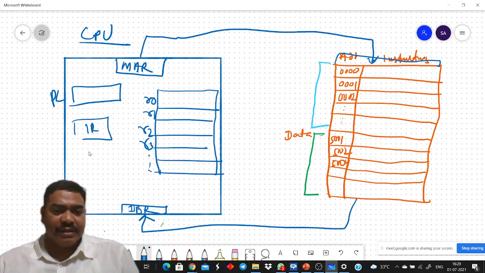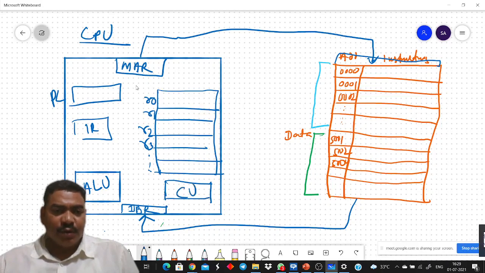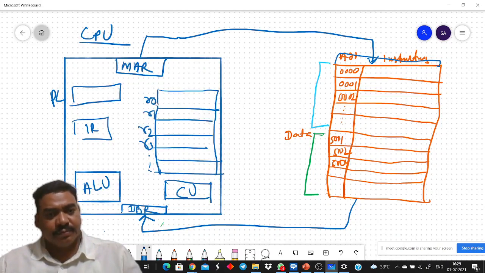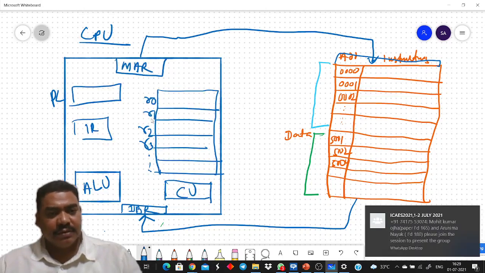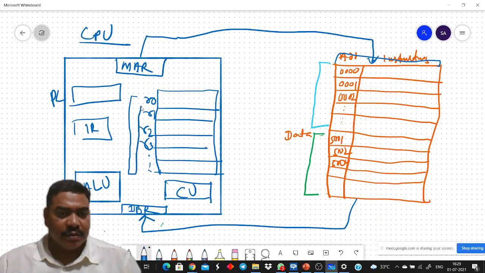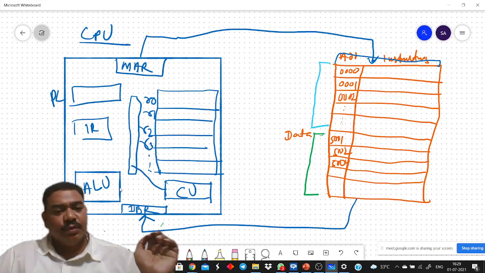IR is the instruction register, and here this is your arithmetic and logical unit, and this is your control unit. All are connected with the central bus. Everything is connected to the central bus.